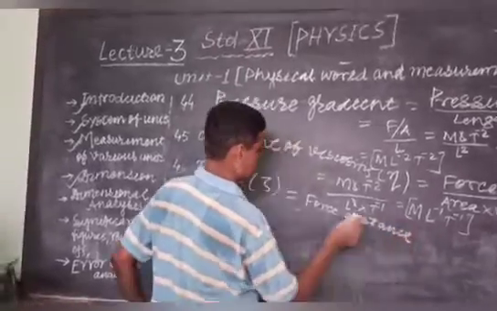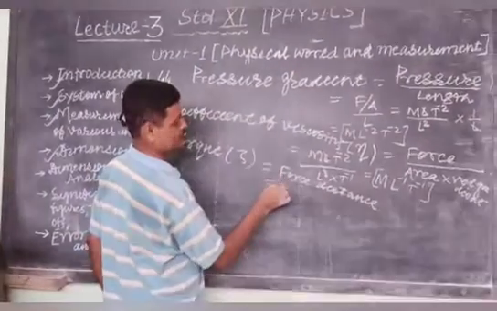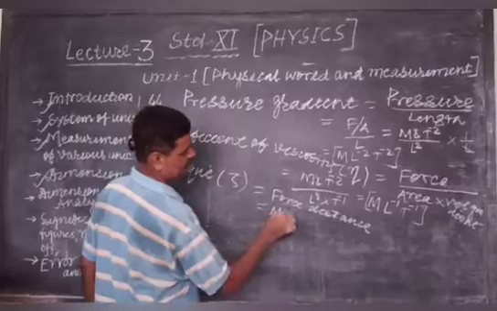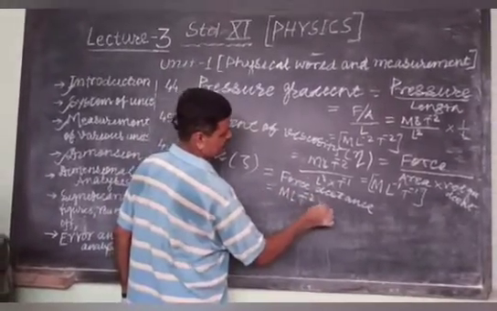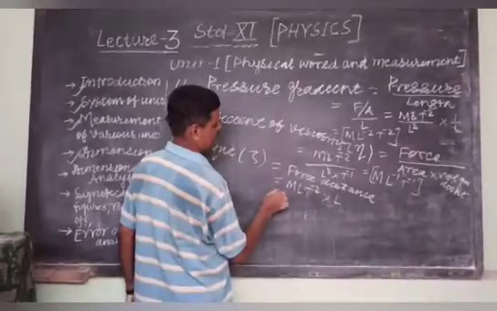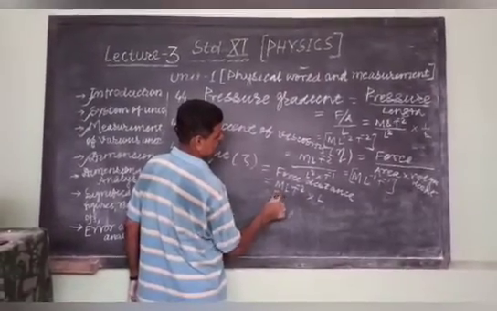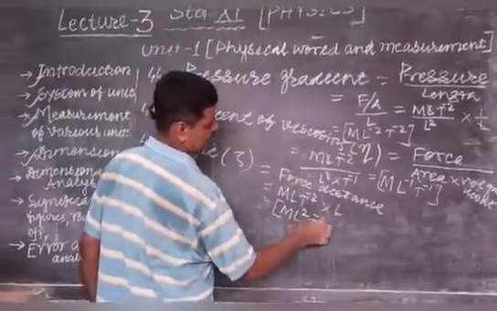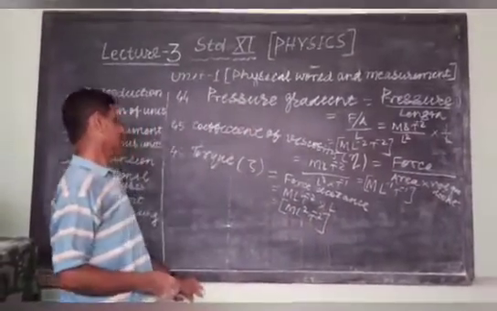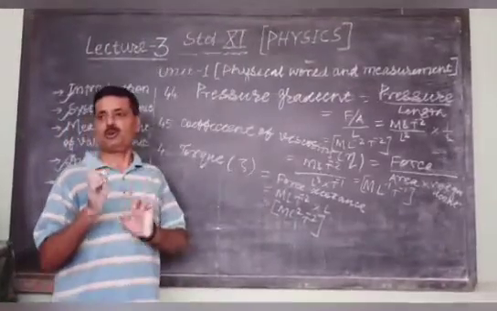So it will be force ml t minus 2 into L, and finally it is ml square t to the power minus 2, the dimension of torque.